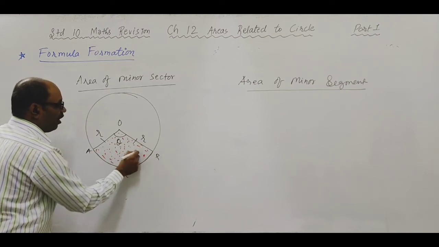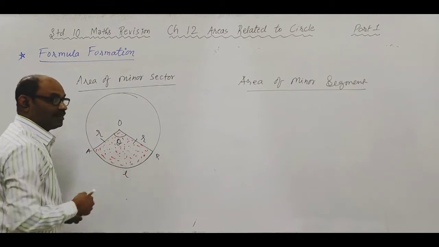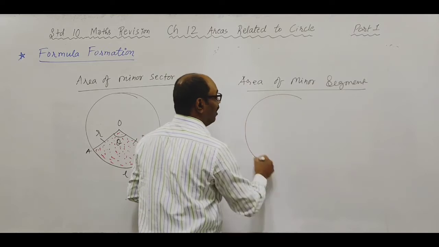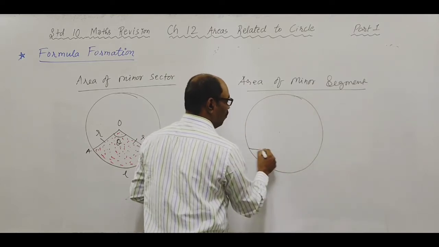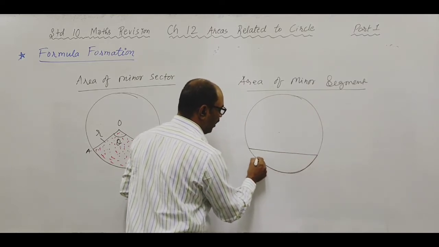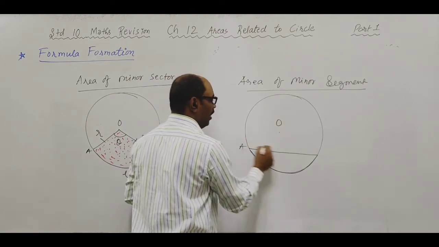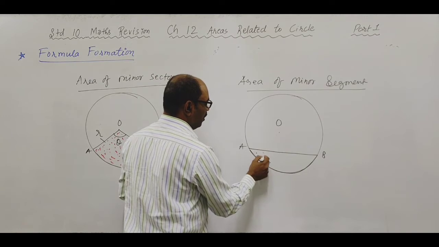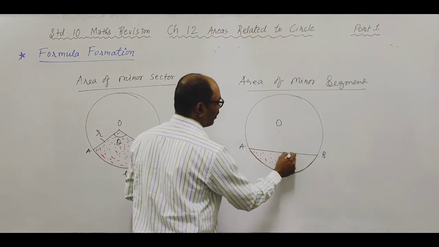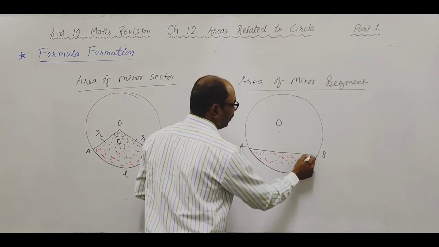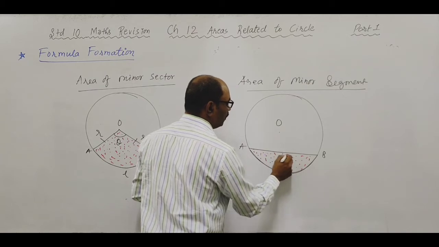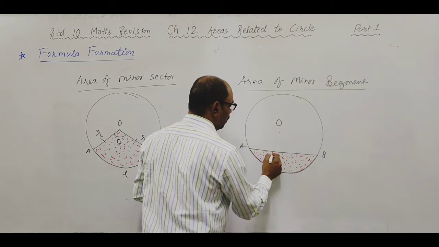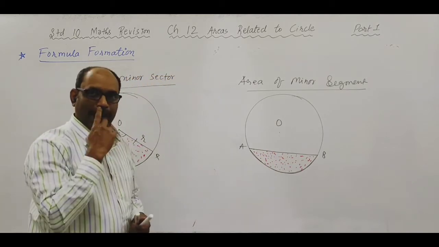This red dotted part is the sector. Now I'm talking about the minor segment of a circle: a chord and the corresponding arc, O A B. And this is the minor segment. We are talking about only the minor segment.